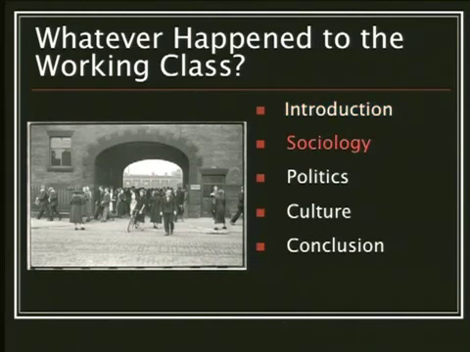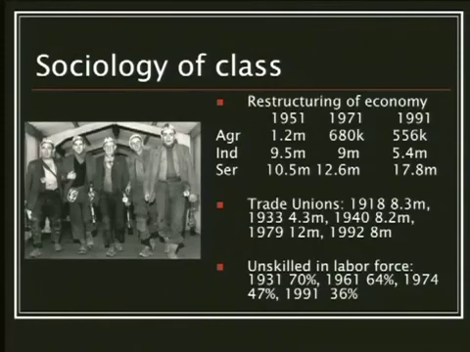So let me turn first to the social scientific study of class. Now, the first thing I want to say here is that the traditional working class was, of course, always associated not just with men, and that's very important, but with industrial manufacturing and the organization of industrial workers by trade unions.